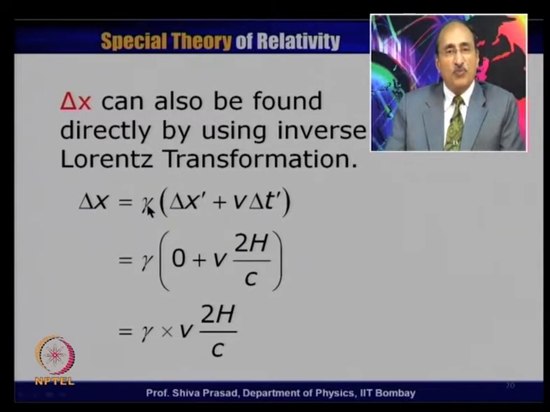Delta x will turn out to be equal to gamma times delta x prime plus v delta t prime, delta x prime being equal to 0, delta t prime being equal to 2h by c. Again I remind that h prime is equal to h. Therefore, this will be equal to gamma times v multiplied by 2h divided by c. We get the same result. So, if we know the delta x value, we can always find out that v delta t gives the same result.